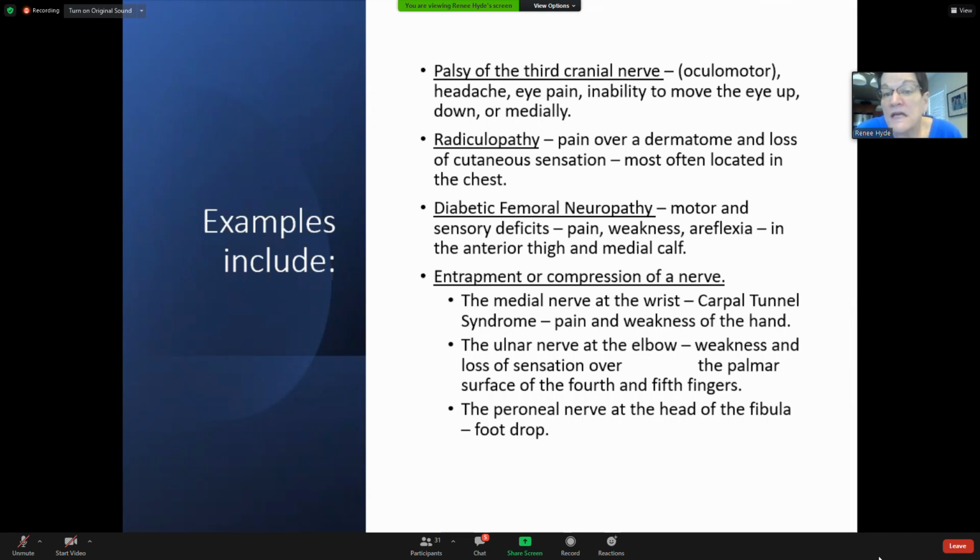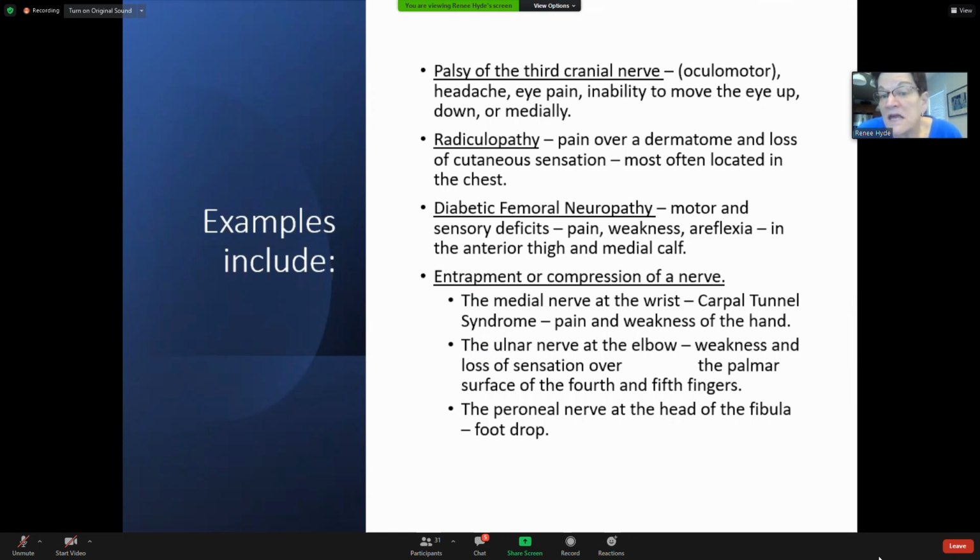Okay, radiculopathies are pain that occurs over a dermatome, most often associated with a slipped disc, or you may see it associated with a disease process like shingles.